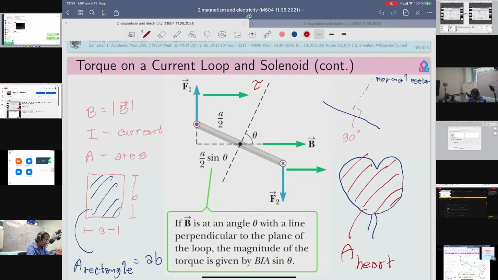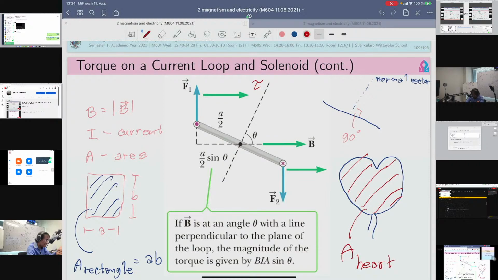Reference point, and here is the place we observe. We can imagine that the force is acting actually at this location, F1 is here, and the distance is measured from the place where the force is exerted to the rotating point. It's not A by 2 anymore.